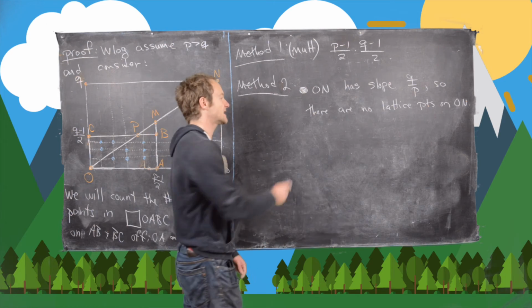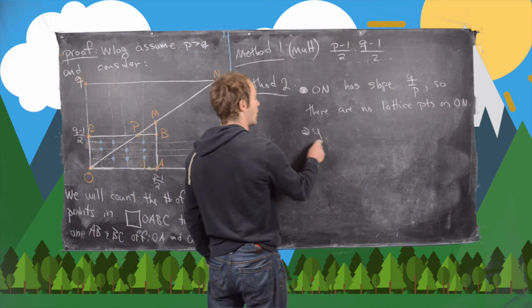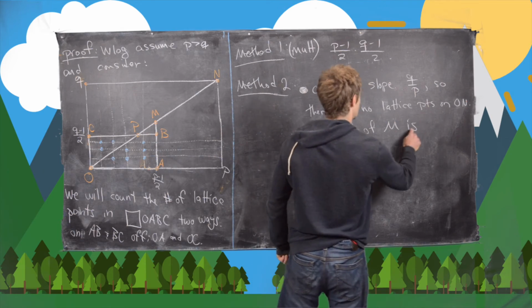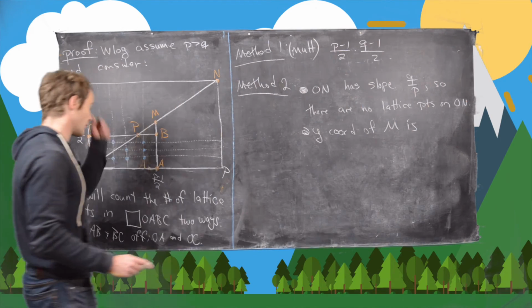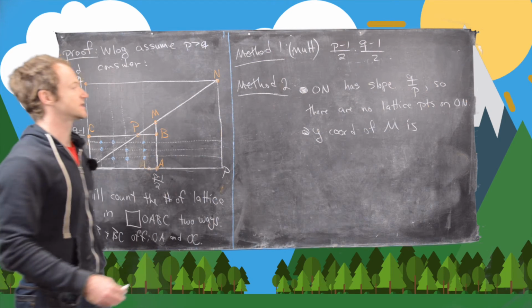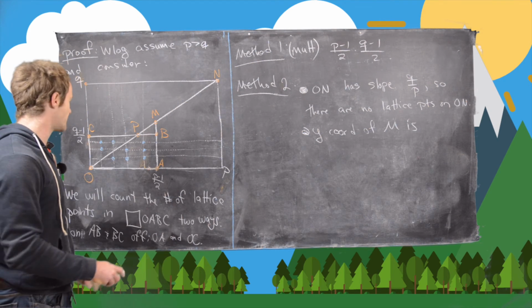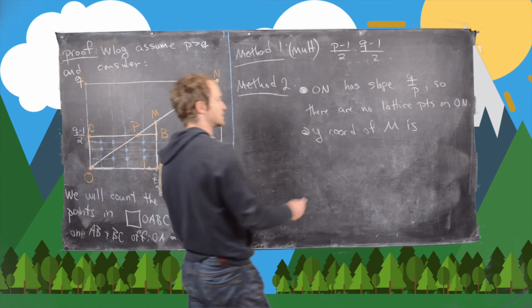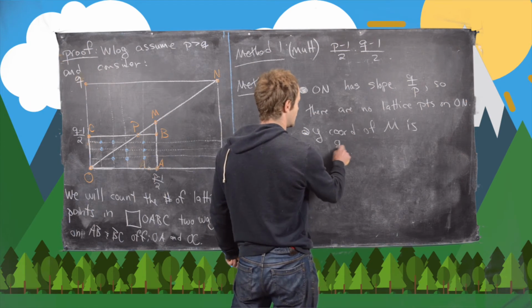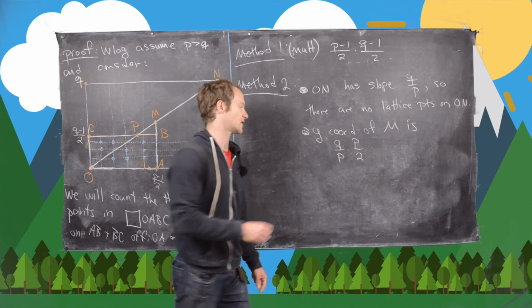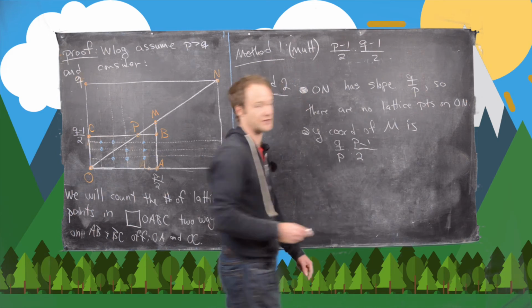Then I think you could prove that q and p were not relatively prime, which would obviously be a contradiction. The next thing that we're going to notice is that the y coordinate of M is the following. So how we're going to do that is notice that this is on a line with a slope of q over p, and its x-coordinate is (p minus 1)/2. So that means its y-coordinate is q over p times (p minus 1)/2.